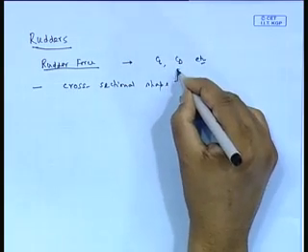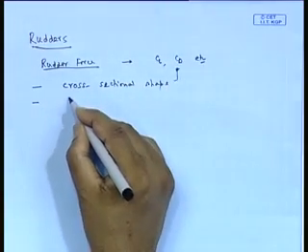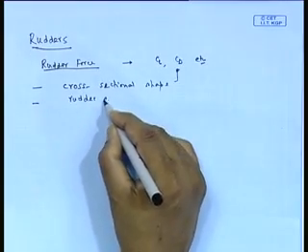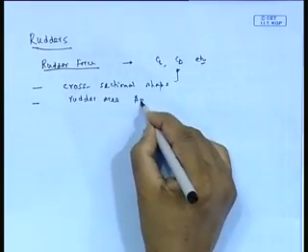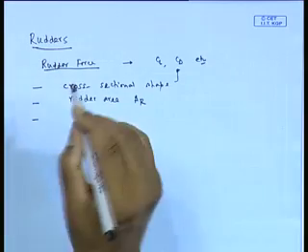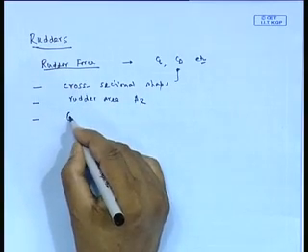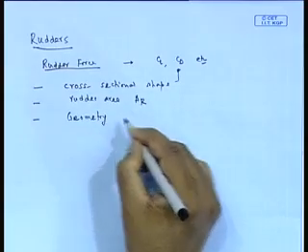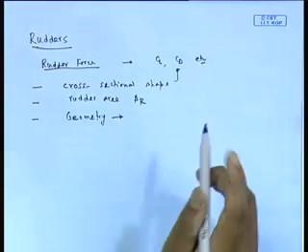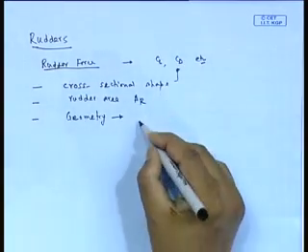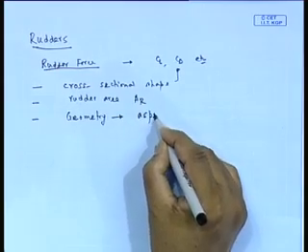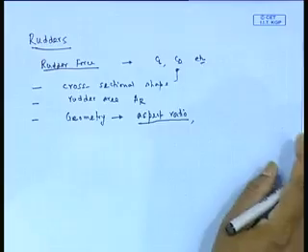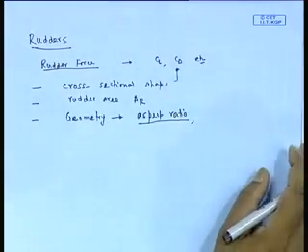Of course, the force will depend on rudder area, and it will of course depend on geometry. Now, this geometry primarily will be influenced by what is called aspect ratio, which is very important: span by chord.